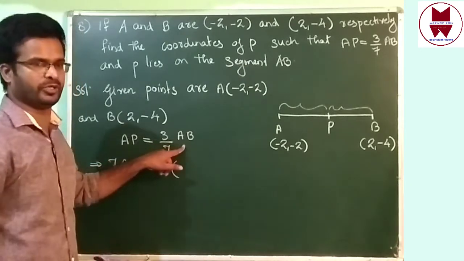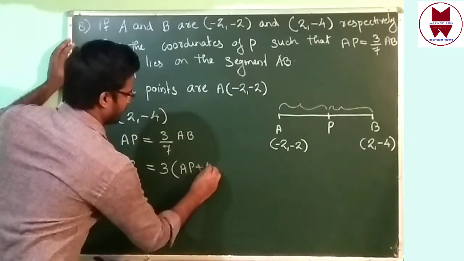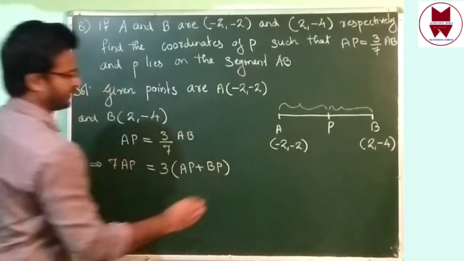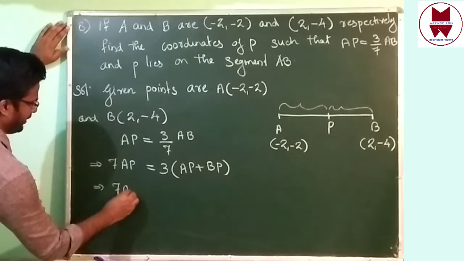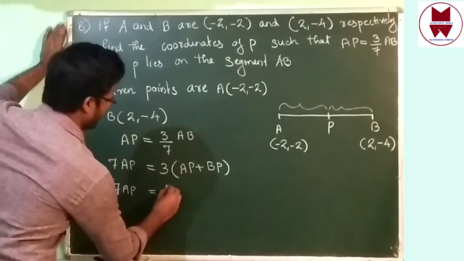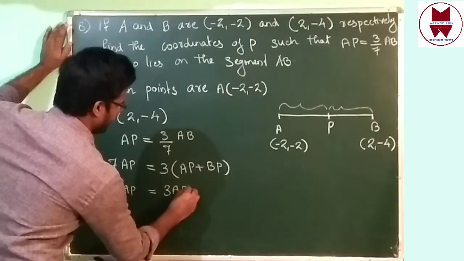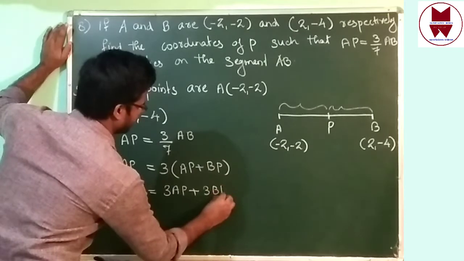This AB I am going to change to AP plus BP. Then 7AP equal to, remove the bracket, 3 into AP is 3AP plus 3 into BP, 3BP.